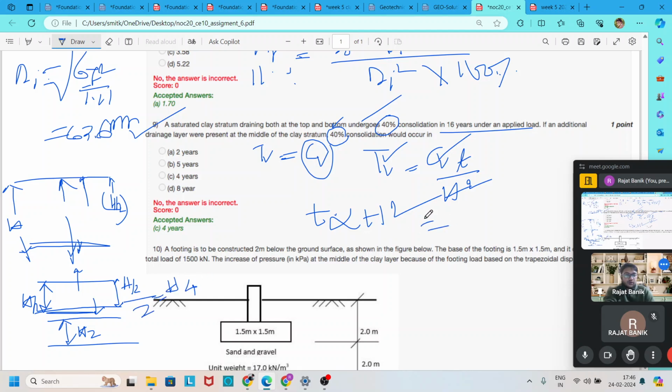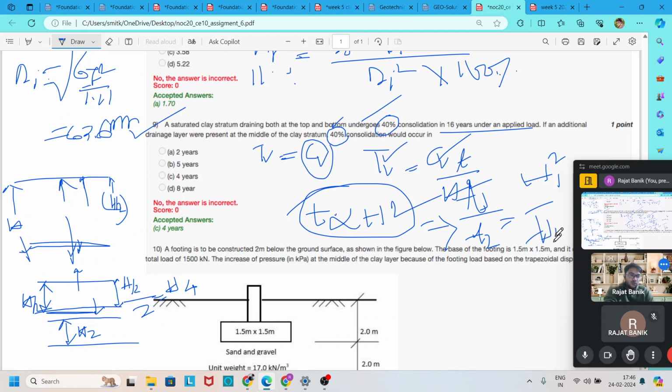Now using this equation, t proportional to H square, if you write it like this, t1 by t2 is equal to H1 square by H2 square. We need to find out t1, the years. t2 is 16 years. So H2 becomes (H by 2) square and H1 becomes (H by 4) square.